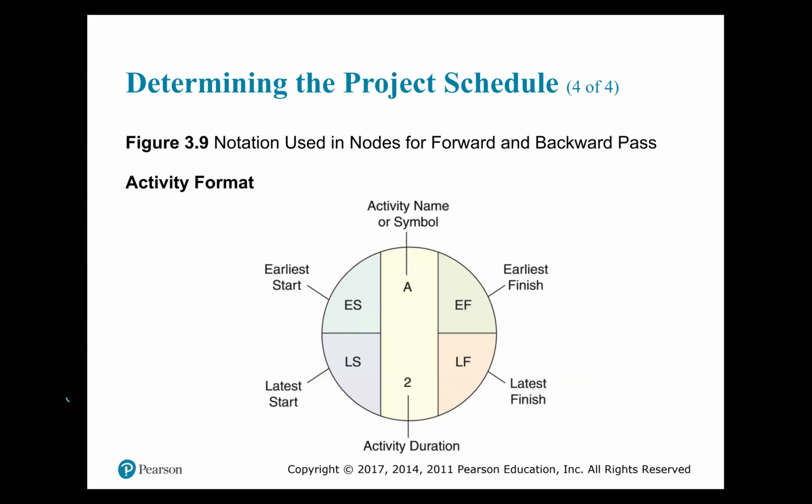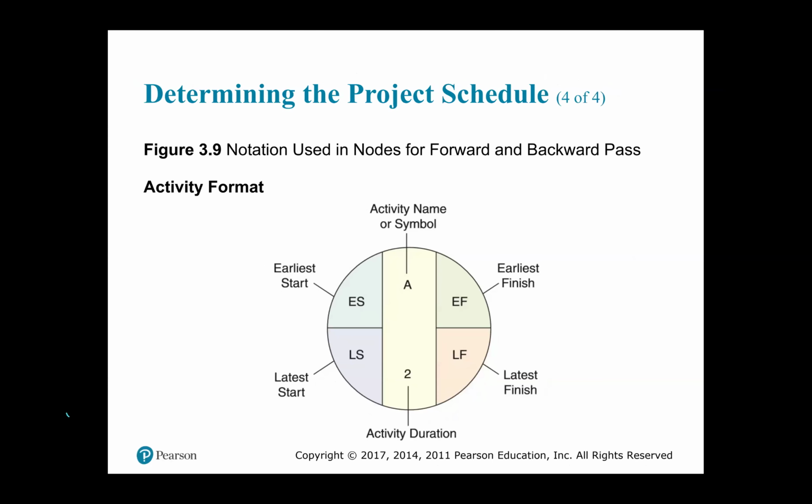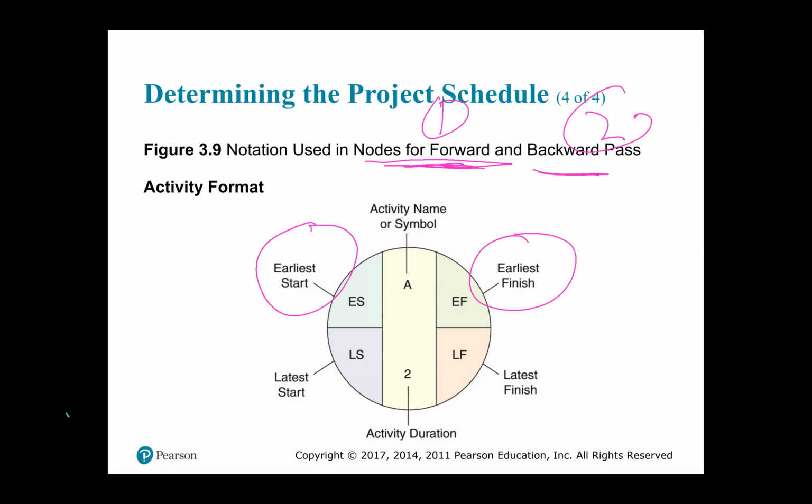We will have to do one, a forward pass, and two, a backward pass. So note, we have to do a forward pass and a backward pass. On our forward pass, we will determine our earliest start times and our earliest finish times.